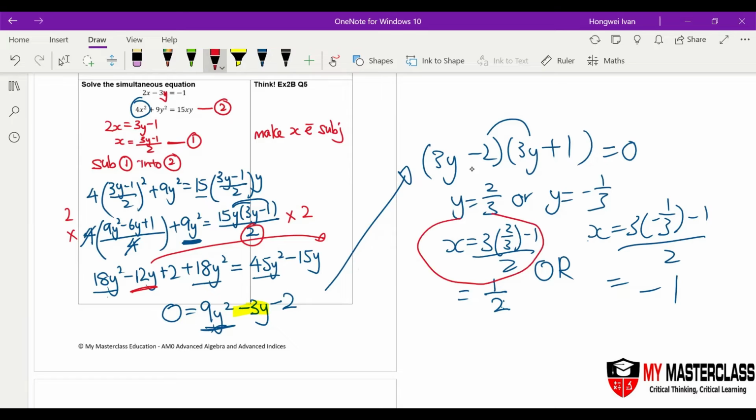You know where I get this from? Equation 1. Always sub back into equation 1. So this is called a simultaneous equation that will create a quadratic equation.